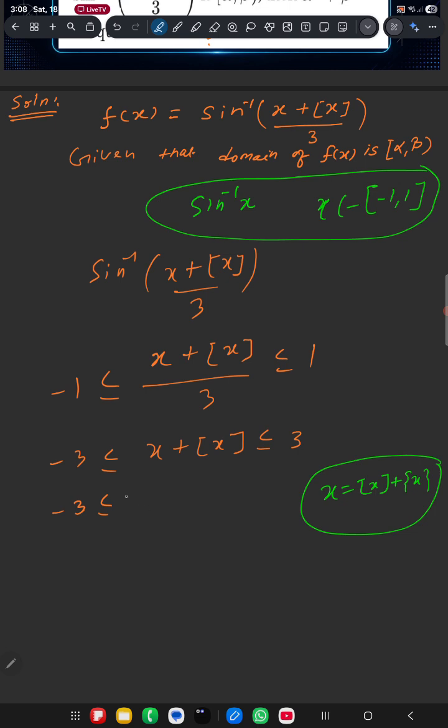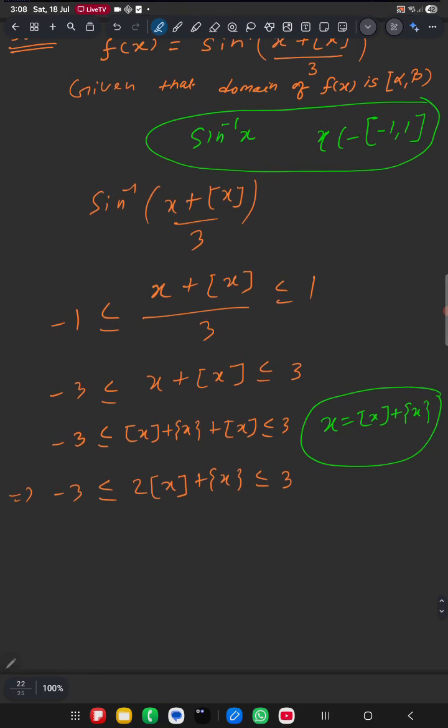In place of x I will write the greatest integer of x plus the fractional part of x, plus the greatest integer of x. This implies -3 is less than or equal to twice the greatest integer of x plus the fractional part of x, which is less than or equal to 3.